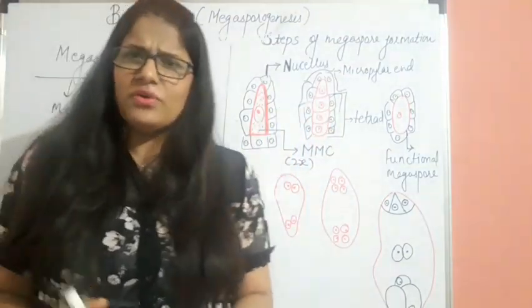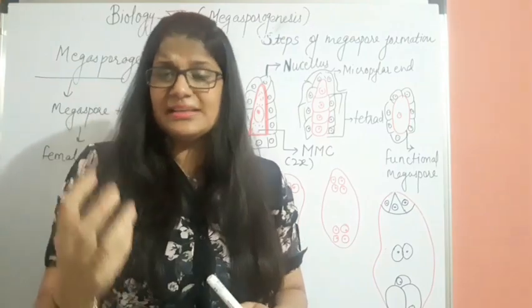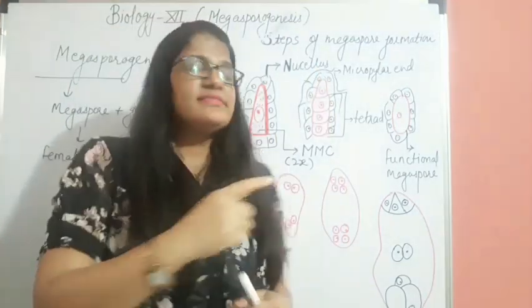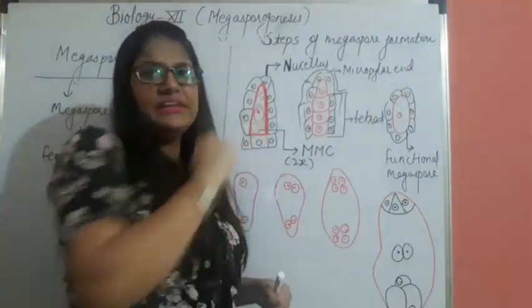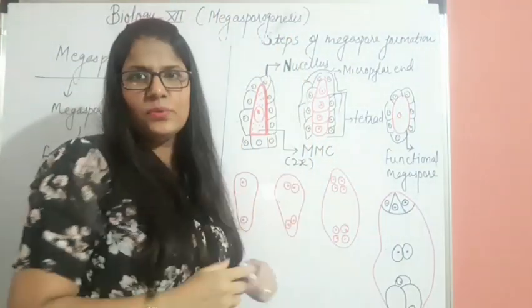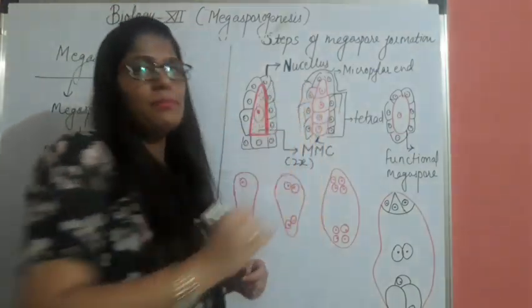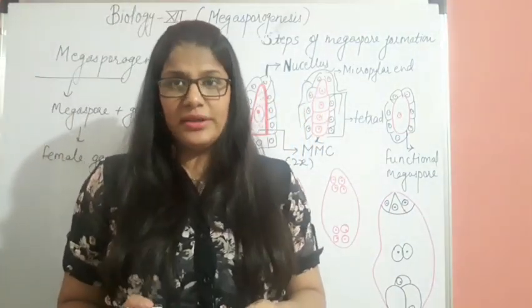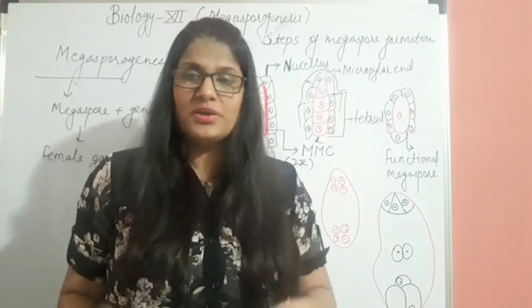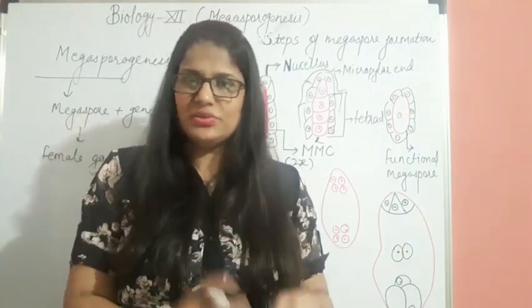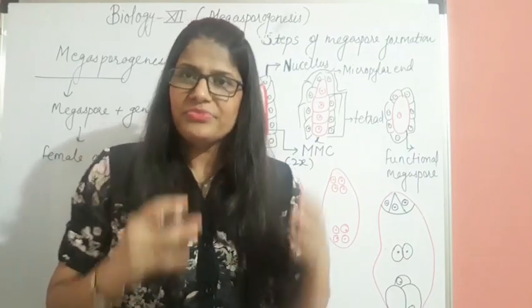After the formation, these megaspore cells are present in the form of a tetrad, first thing. Second, they are arranged linearly, line से लगे हुए हैं. And very important, every cell is haploid, which means it has one set of the chromosome. So the main function of megasporogenesis is to reduce the number of chromosomes to half.